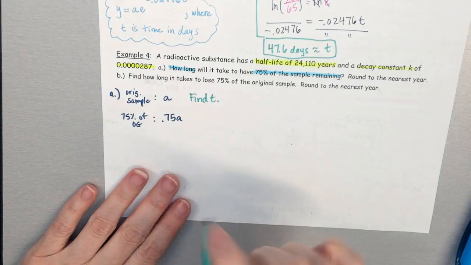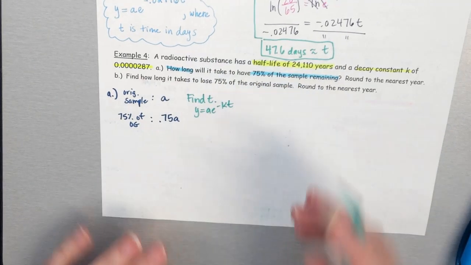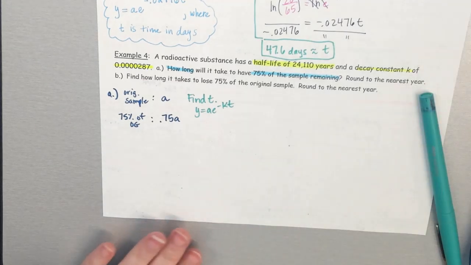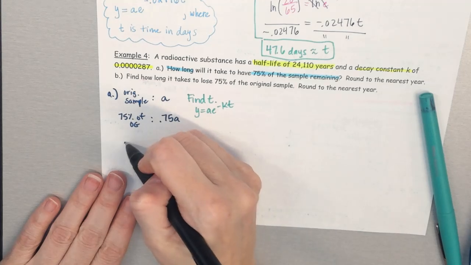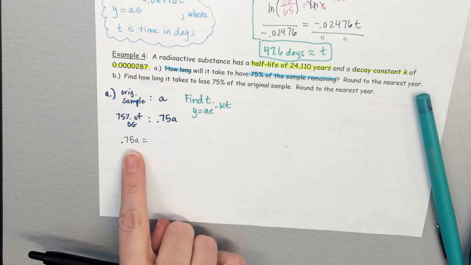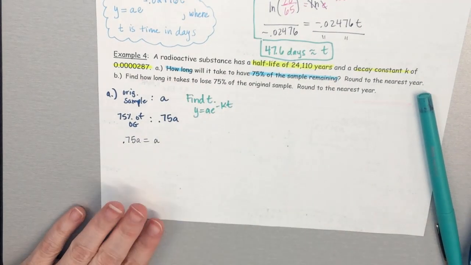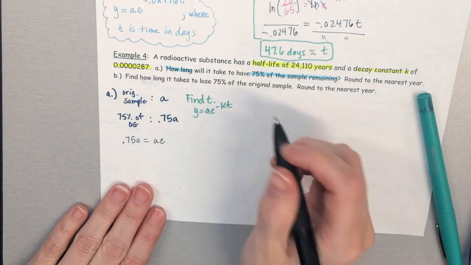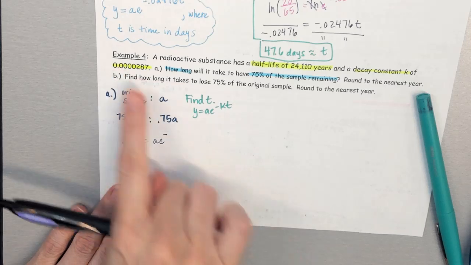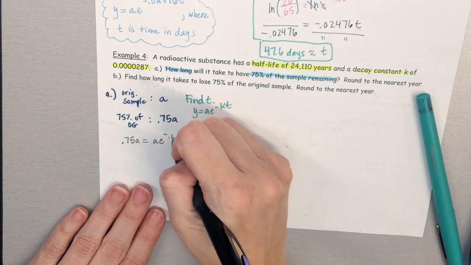And so we can plug these values into our y equals A e to the negative KT. So our remaining value would be the 0.75A, that would go in for Y. Our original value would be A. They give us our value of K, so if K is positive, when you plug it in, that minus is still going to be right there.